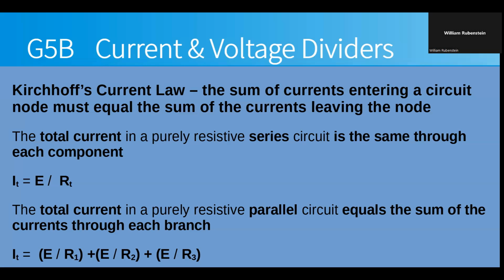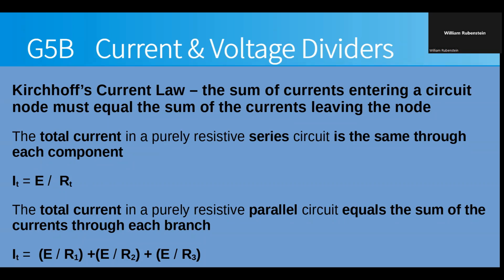Kind of like lawyers. So the total current in a purely resistive series circuit is going to be the same through each component. Doesn't matter how many of them there are, if they're all in series, the current is going to be the same through all of them, with the exception of that little thing that says purely resistive.